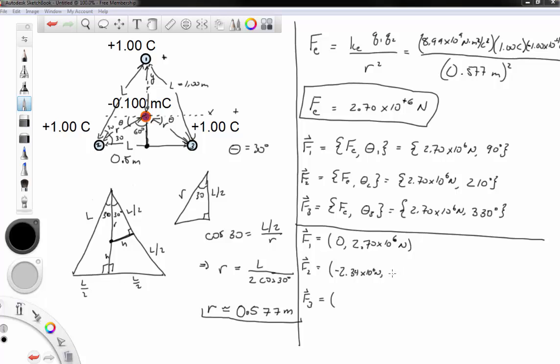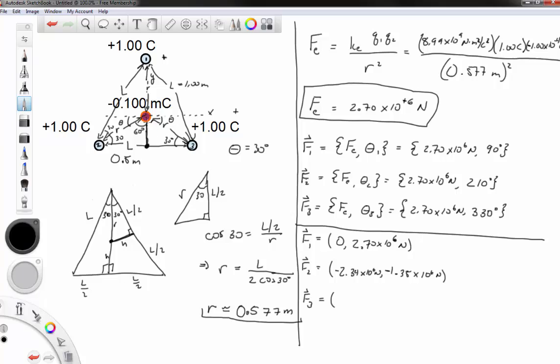Okay, so that should be something like 1.35 times 10 to the 6th newtons, and it's actually downward, so this thing is negative. This one right here, we're going now in this direction, but again, this is a 30 degree angle.